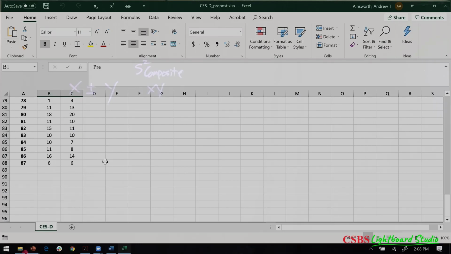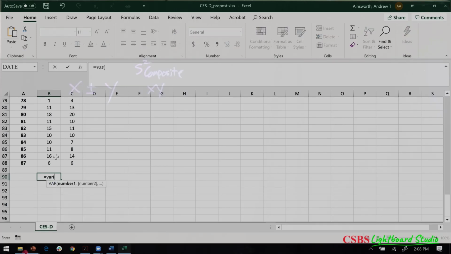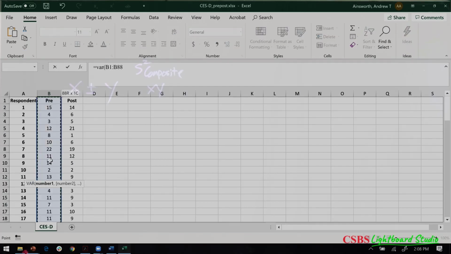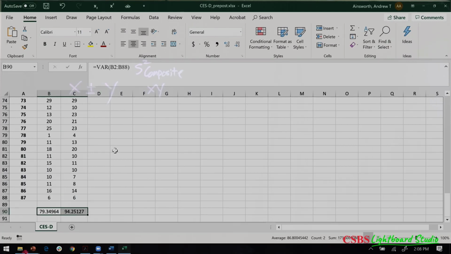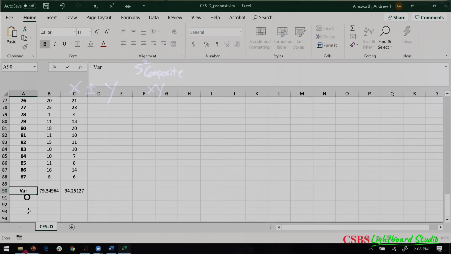So one thing we can do is figure out what is the variance of these items, the variance of the pretest. Okay, so that's the variance of the pretest, and I can do the variance of the post-test as well. Okay, so it looks like the post-test has a little bit more variance to it. All right, so here are the variances. Now let's look at the covariance between the two of them.